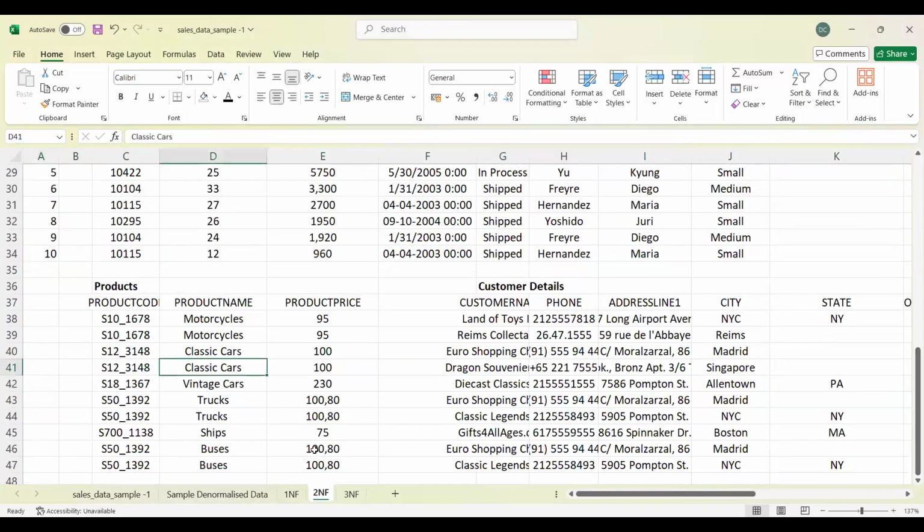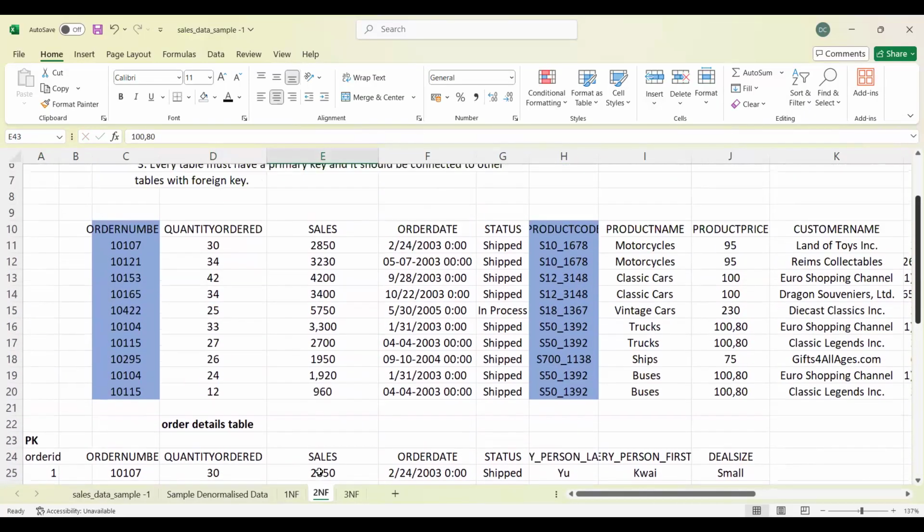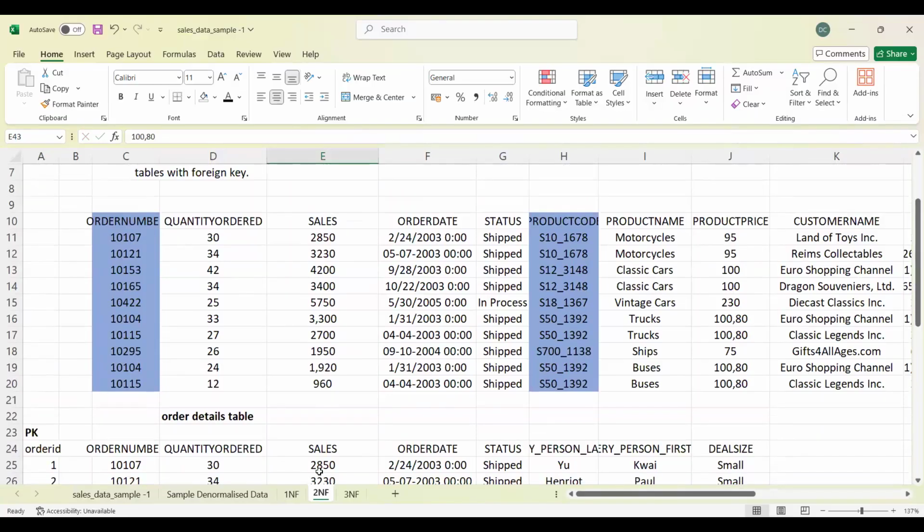In products detail table, maybe I need to. I forgot to split this data.